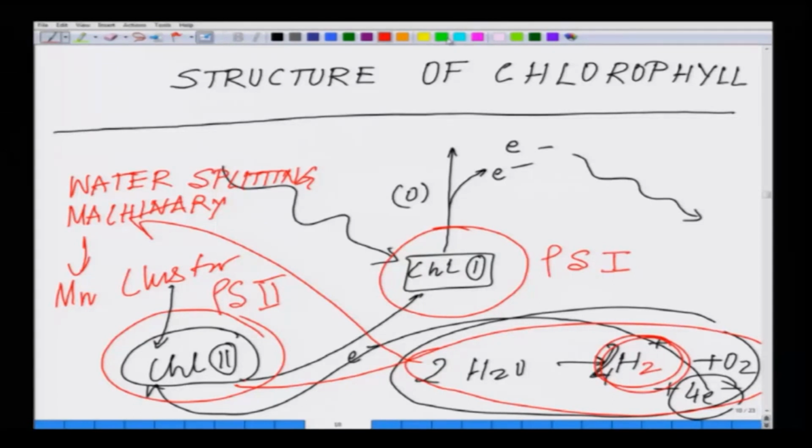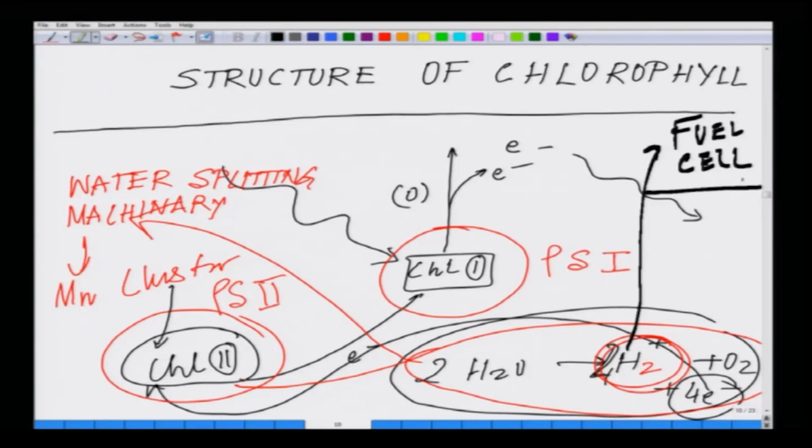This hydrogen could be used, let's enumerate where, for fuel cells. This is what we are going to study once we finish the manganese cluster.